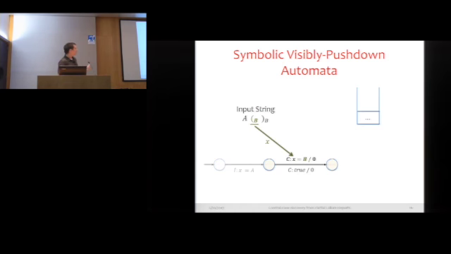So for example, if we see a call on symbol B, as indicated by the open parenthesis in the input string, then we would take this transition, pushing a 0 onto the automaton's stack, and noting that the symbol that we read was B. Finally, here's a return transition.